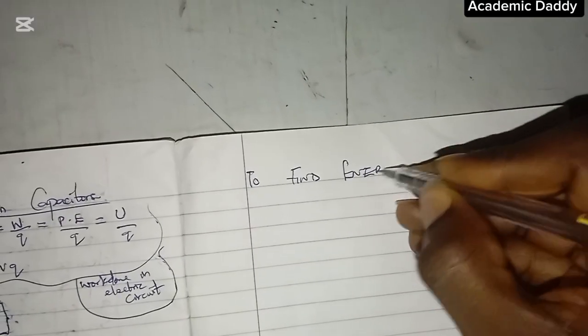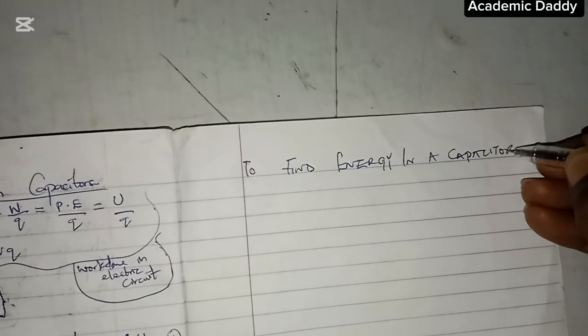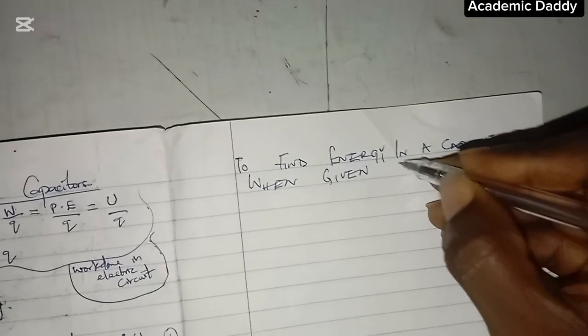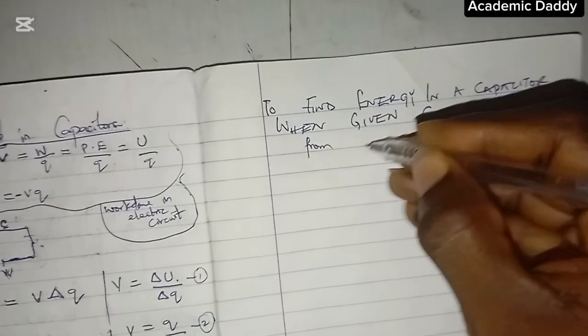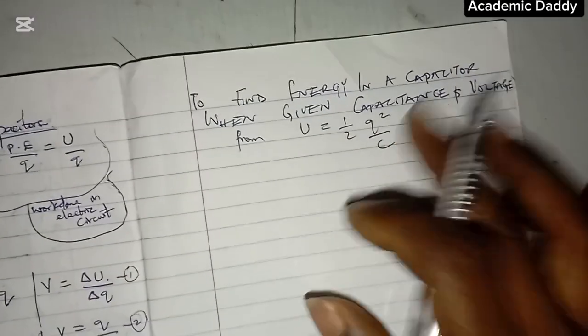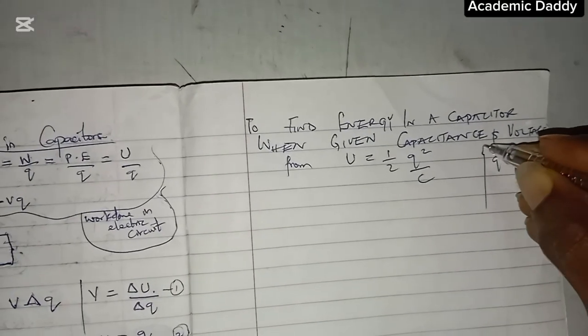But when we want to find energy in a capacitor when given capacitance and voltage, we can simply say, since we've gotten that U equals half Q squared over C, we can remember that Q equals CV.